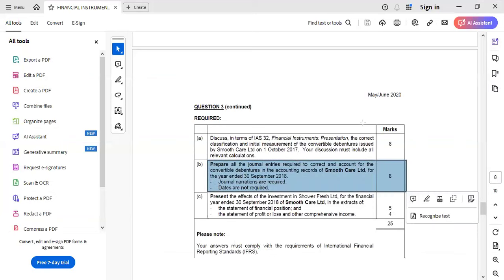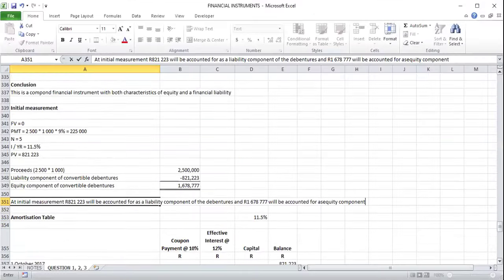They said year ended 30 September 2018. Right, so then we'll now do the journal entries here.